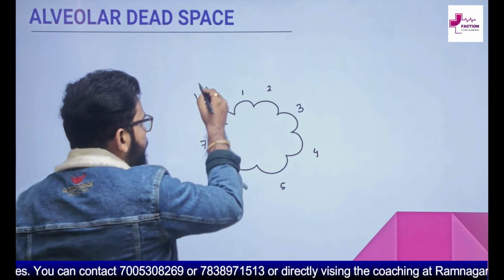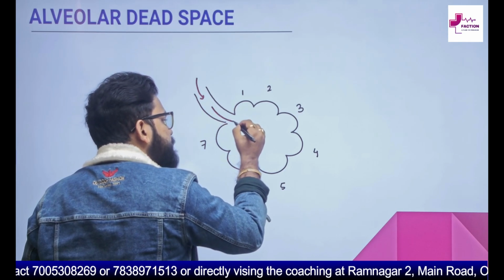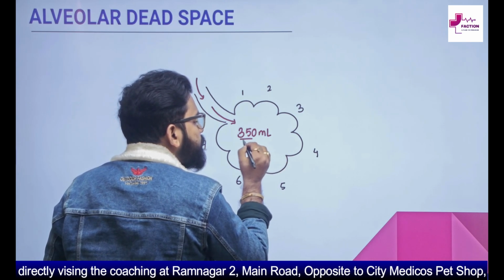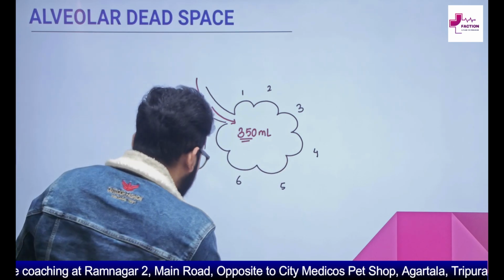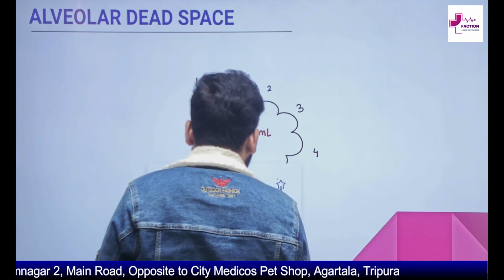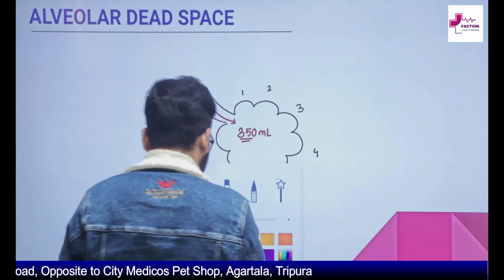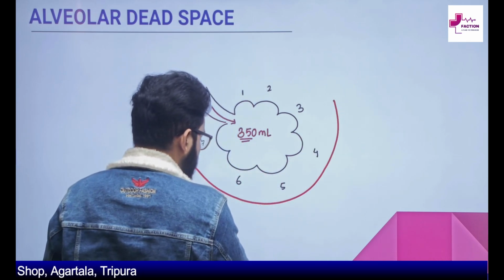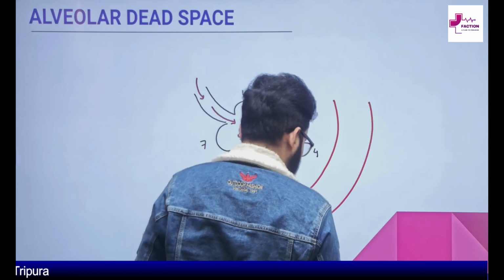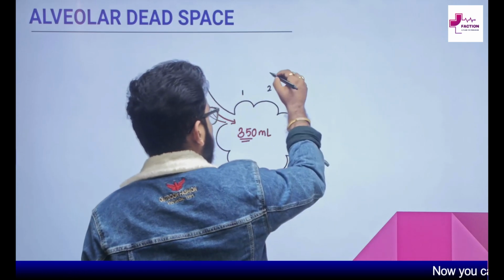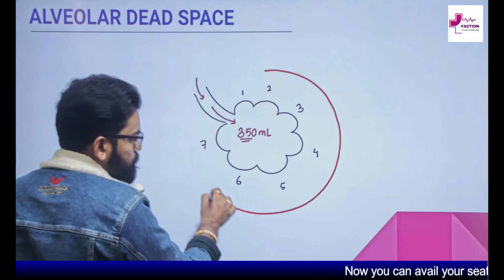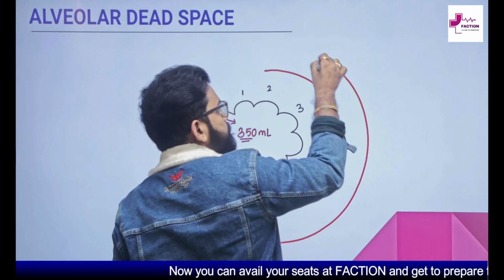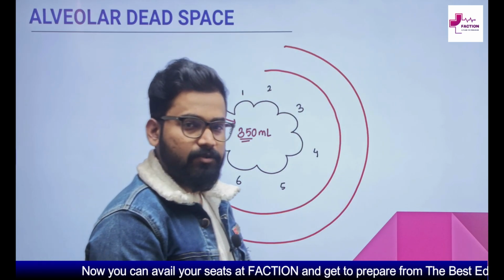So how much air is actually present here? 350 ml. This is the actual volume of air that is available to the alveoli. Now let's say this is a blood vessel or blood capillaries. This capillary surrounds the alveoli.